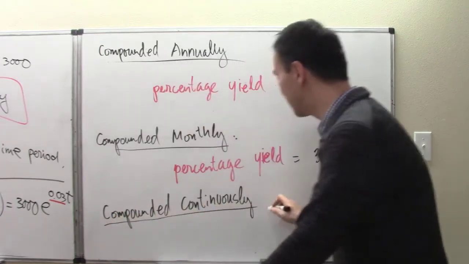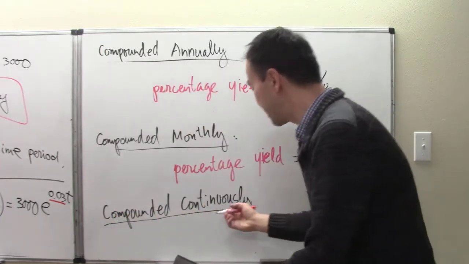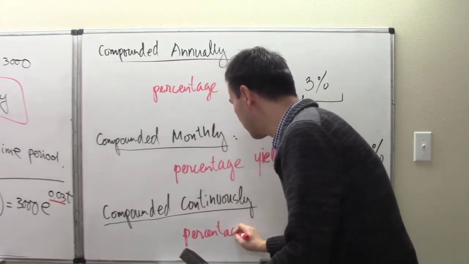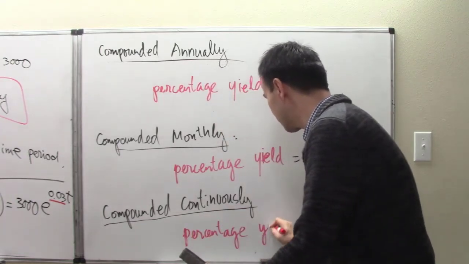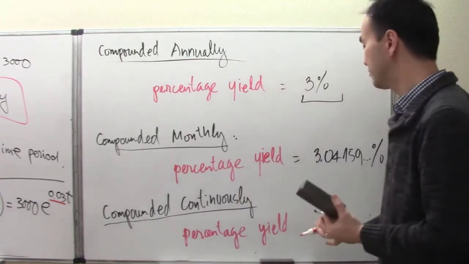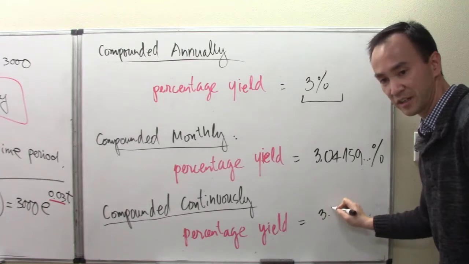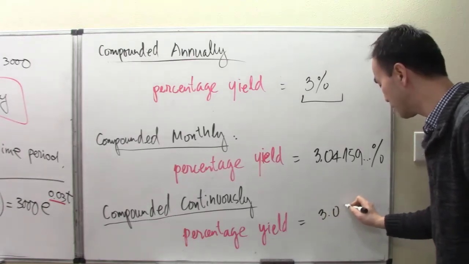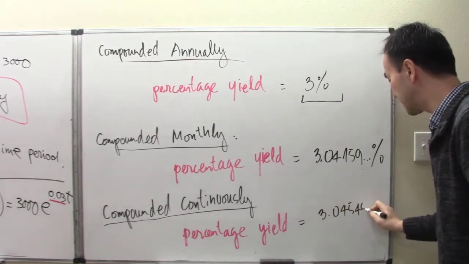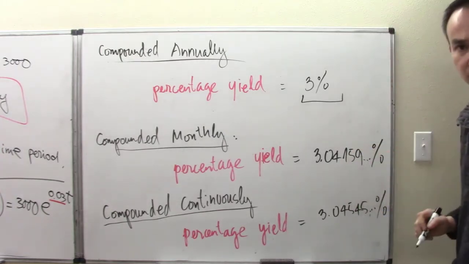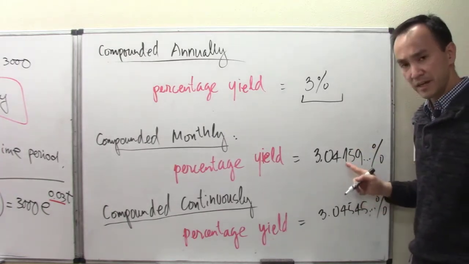When we compounded our interest continuously, we came to a percentage yield of 3.04545 and a lot longer percent. And it's even better than that.